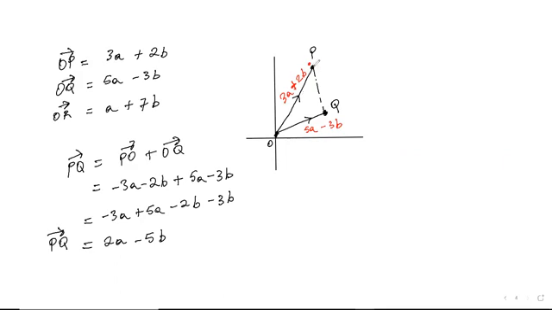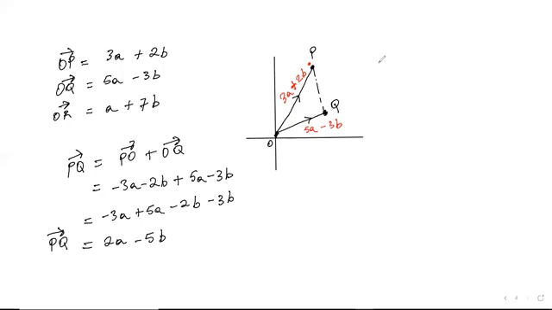But what if we're moving in the other direction, from P to O? We don't know that, right? As you can see, we're going against the arrow. From P to O, we're going against the arrow. When we go against an arrow in vectors, it means that we're going in a negative direction.